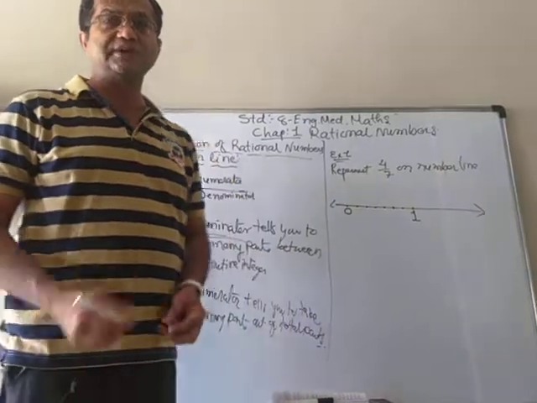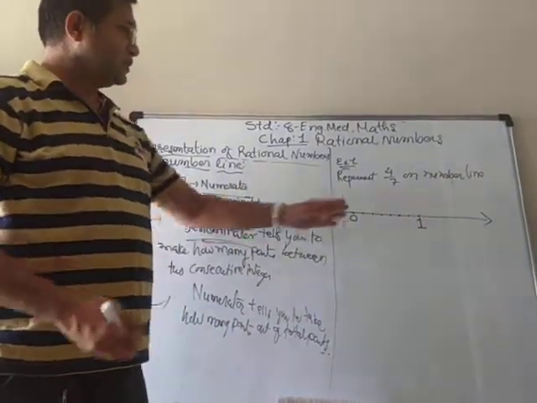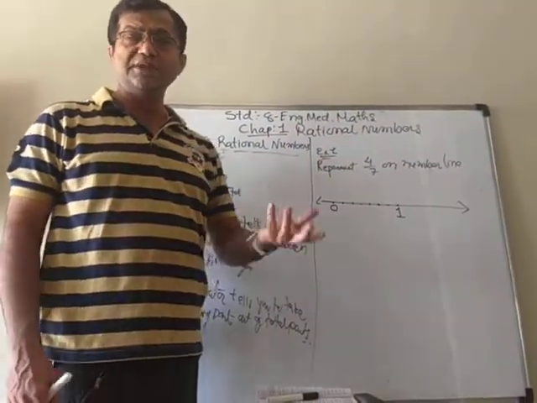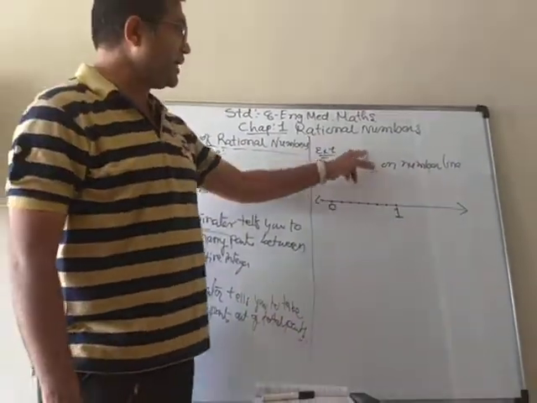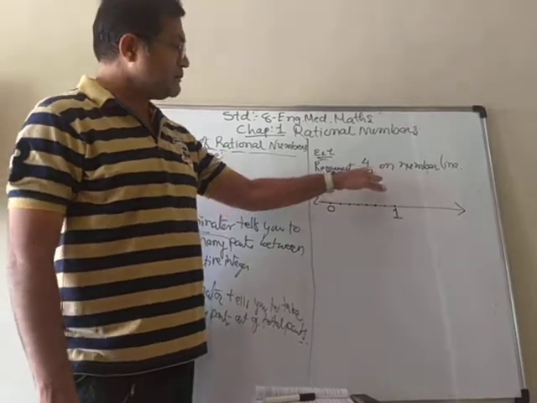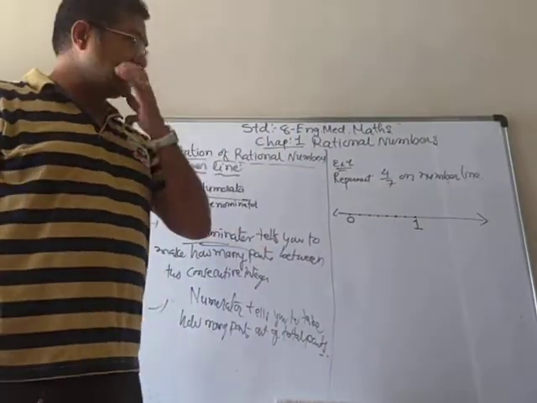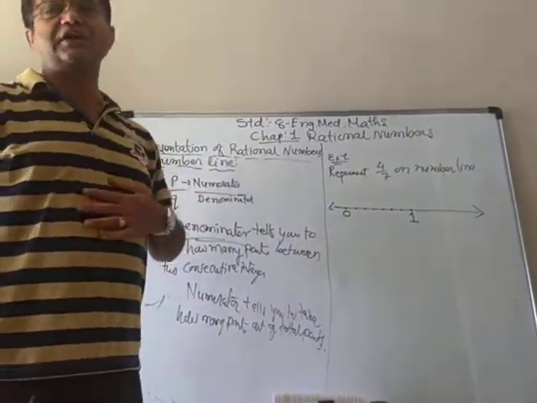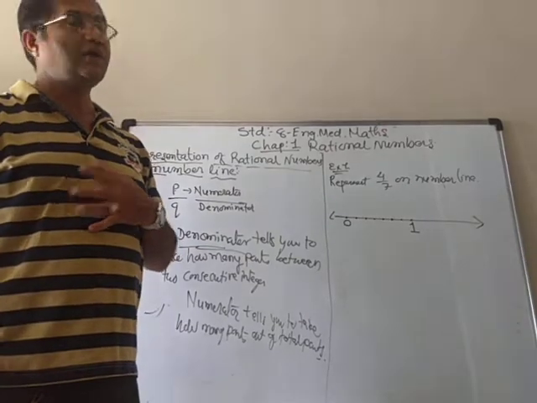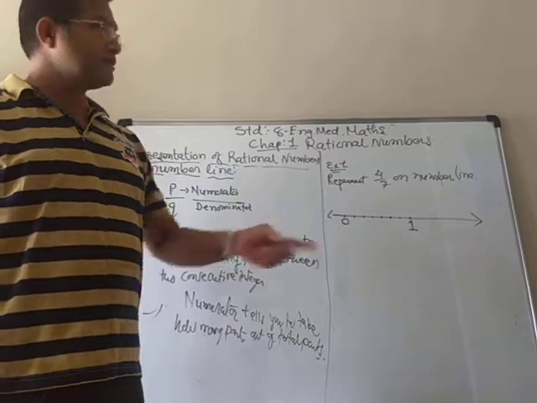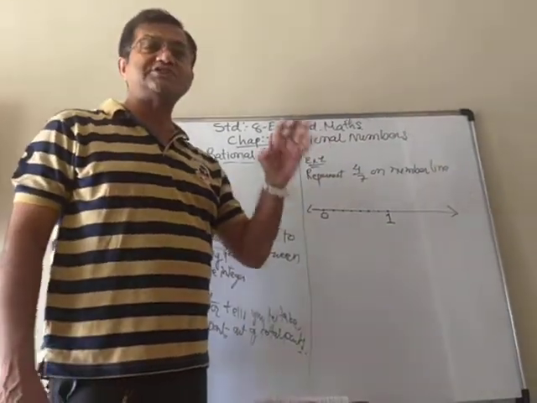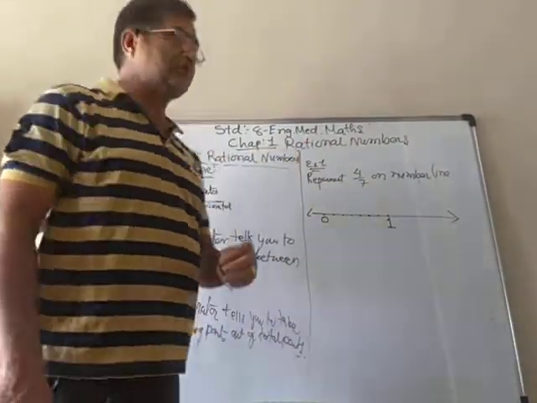But here it is smaller, so we don't have to go beyond 1. If it was like 8 upon 7 or 9 upon 7, where the numerator is bigger than the denominator, then we would have to go beyond 1 also. Here we don't need to, because the numerator is smaller than the denominator.